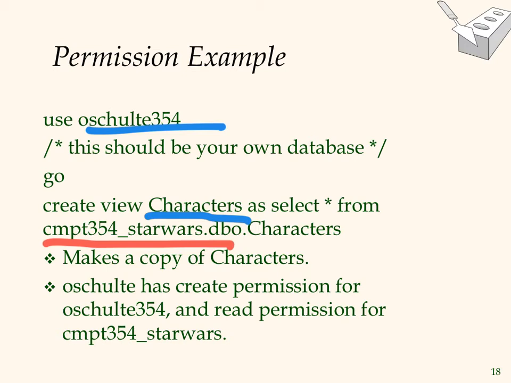OSchulte has create permission on this table here. For example, OSchulte could have selected only some of the columns in that table, or OSchulte can rename columns, maybe drop rows. On the other hand, for the shared database, OSchulte has only read access.